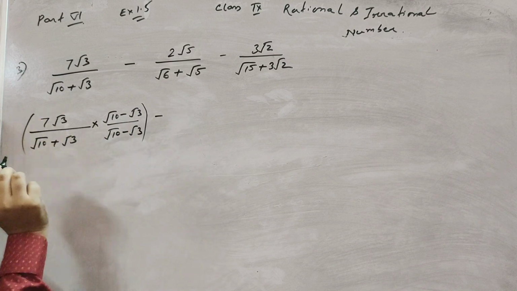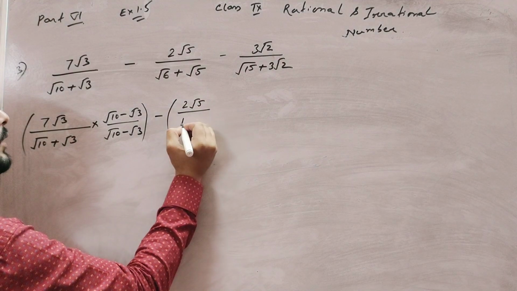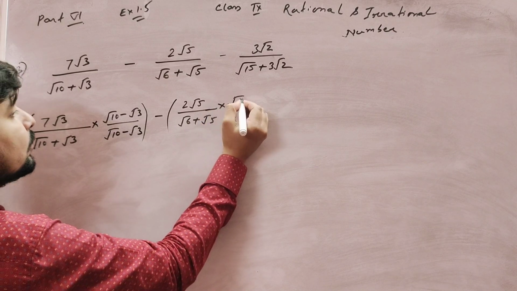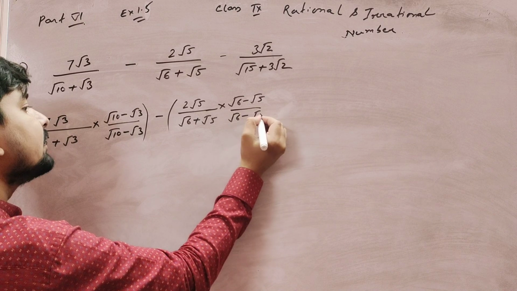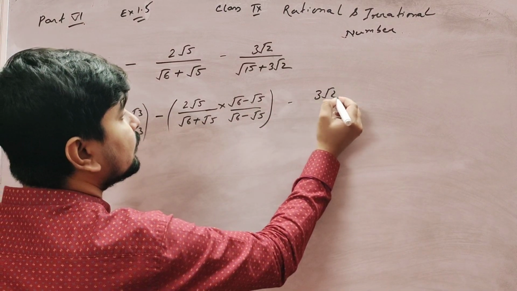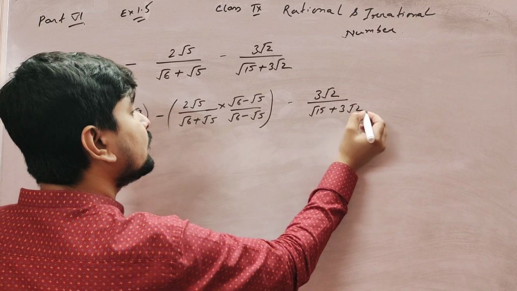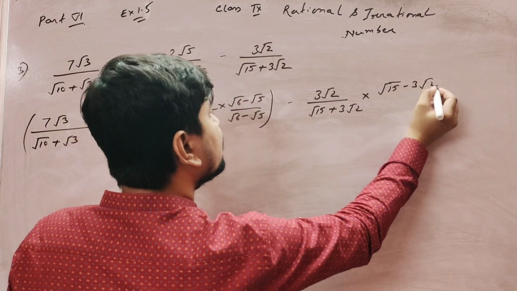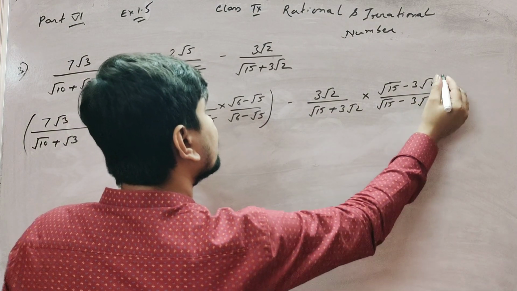Minus 2 root 5 upon root 6 plus root 5, into root 6 minus root 5. Done. 3 root 2 upon root 15 plus 3 root 2, into root 15 minus 3 root 2.